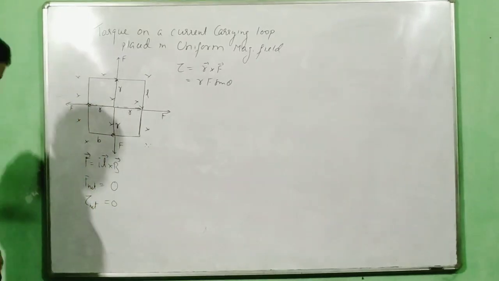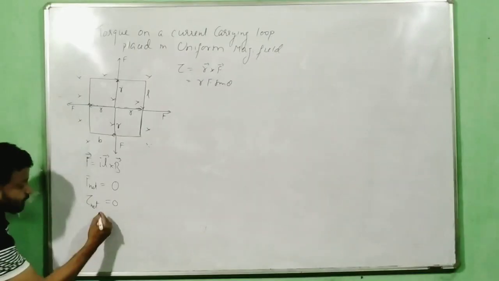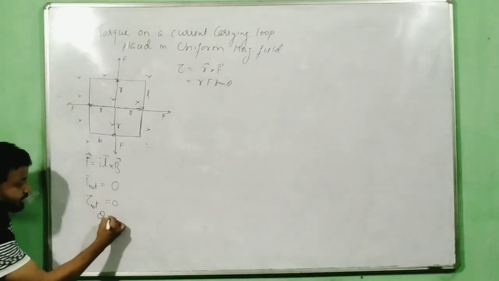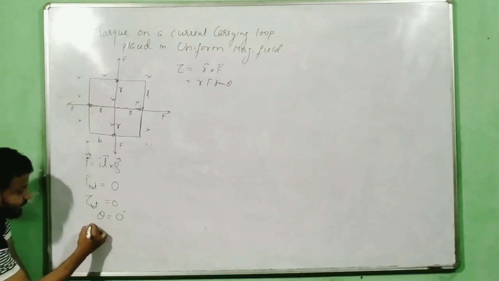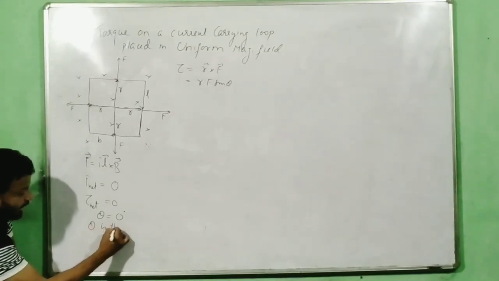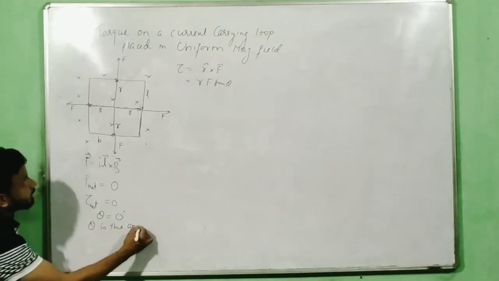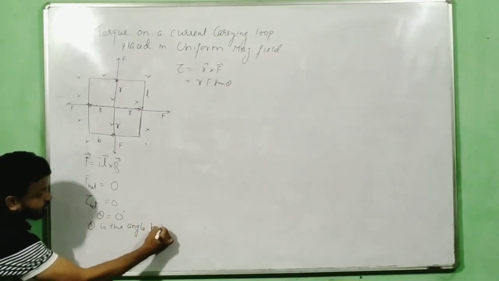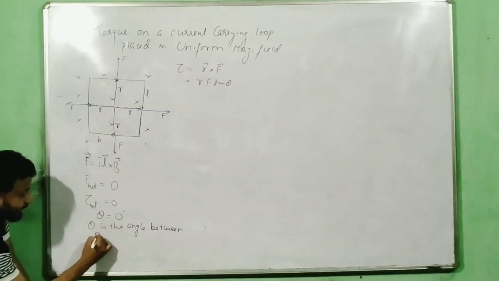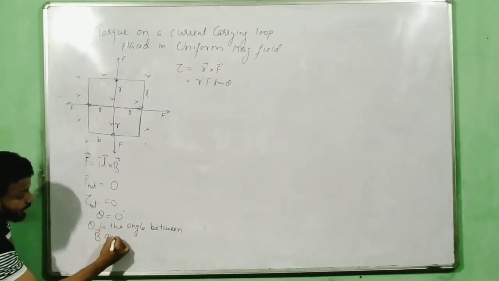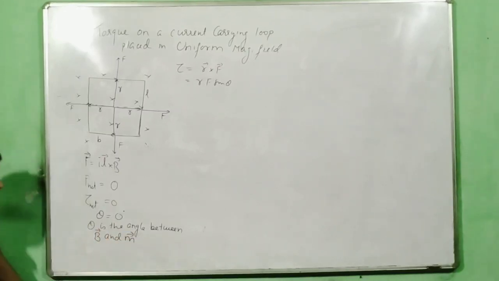What is this configuration? This is that configuration in which theta is equal to 0 degrees. What is theta here? Theta is the angle between magnetic field and magnetic moment.